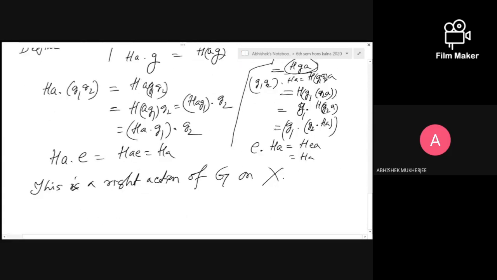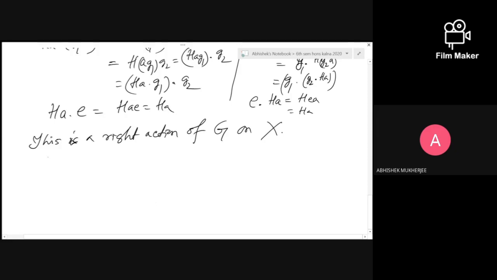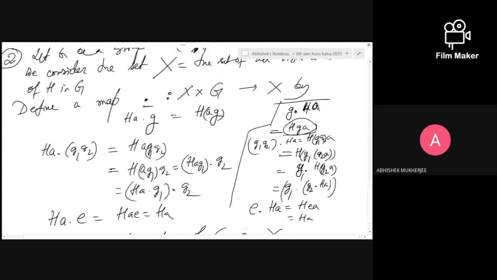You cannot define, let us check, if we consider the map dot colon G cross X to X, where X is the set of all right cosets of H in G, by g dot Ha equal to Hag, the same image as we have defined in the right action.